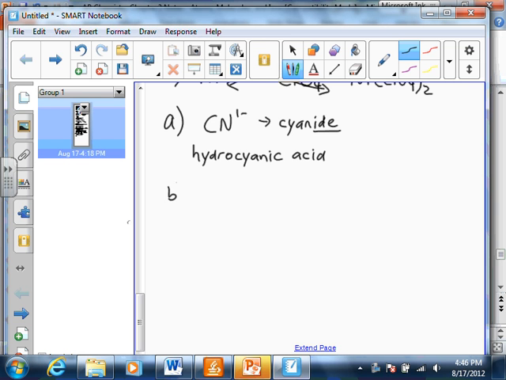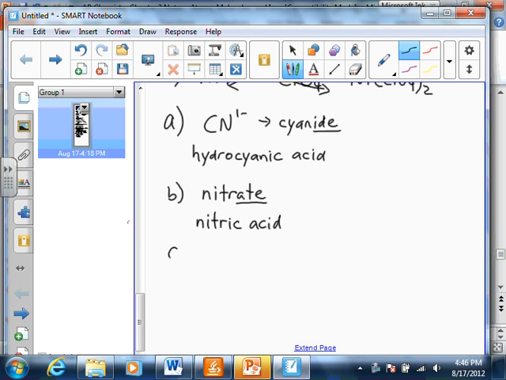B here, HNO3, NO3 is nitrate. Because that's nitrate, then we're going to call this nitric acid. Just change that ATE ending into ic acid.